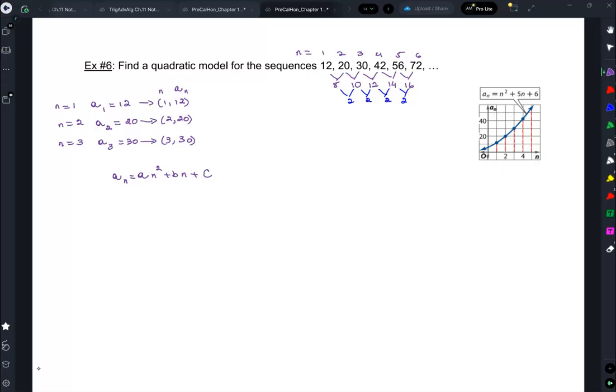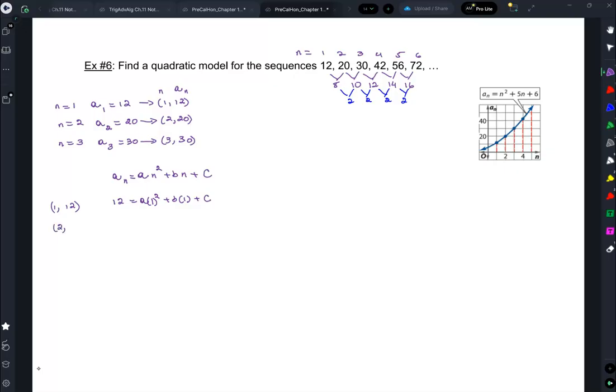And now we're going to do it again. We're going to plug in each of those coordinates. For the first one, 1 comma 12, a sub n is 12. n is 1. Right? Plus c. You guys remember doing this?